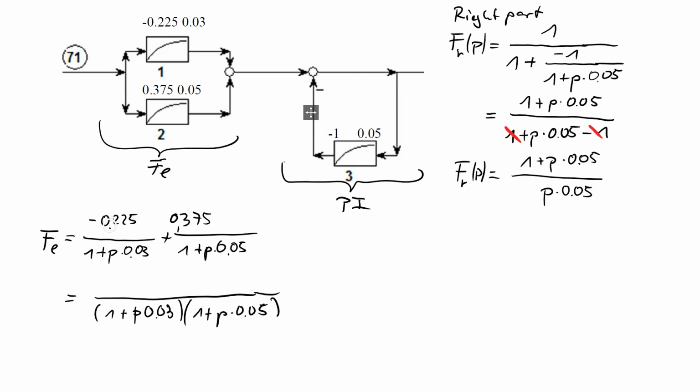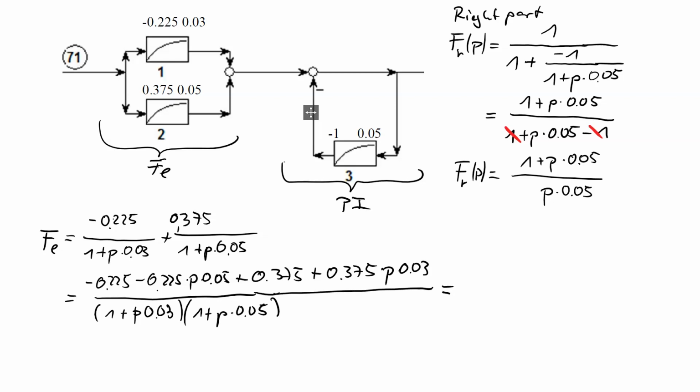In the numerator, this has to be multiplied with this, so we have minus 0.225 minus 0.225 times P times 0.05 is the left part, plus 0.375 plus 0.375 times P times 0.03.